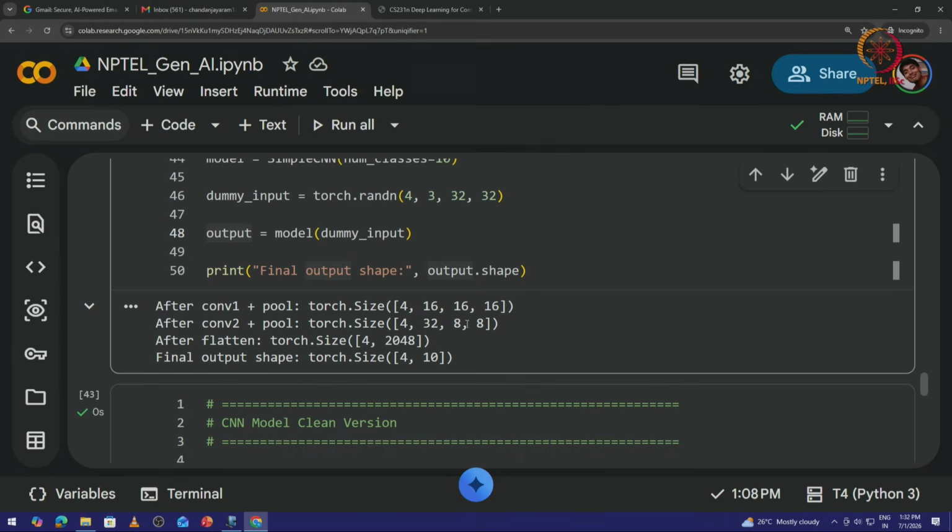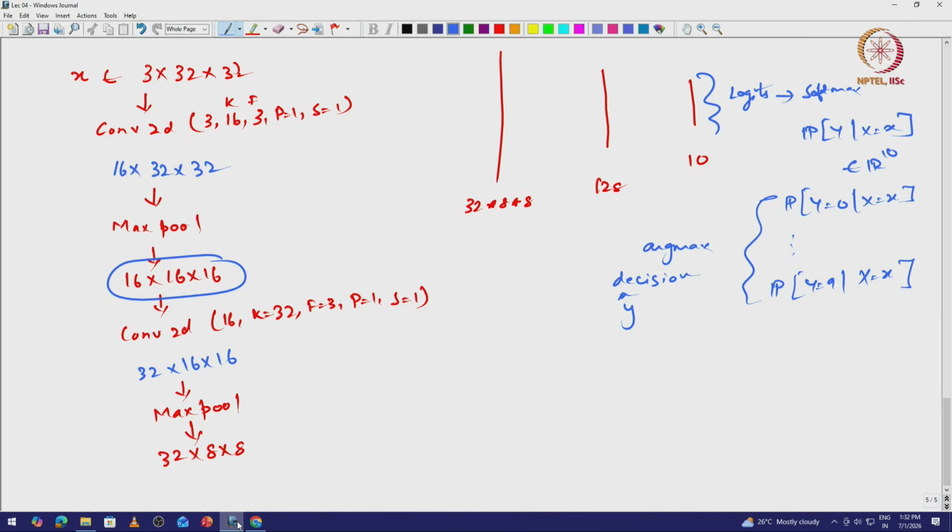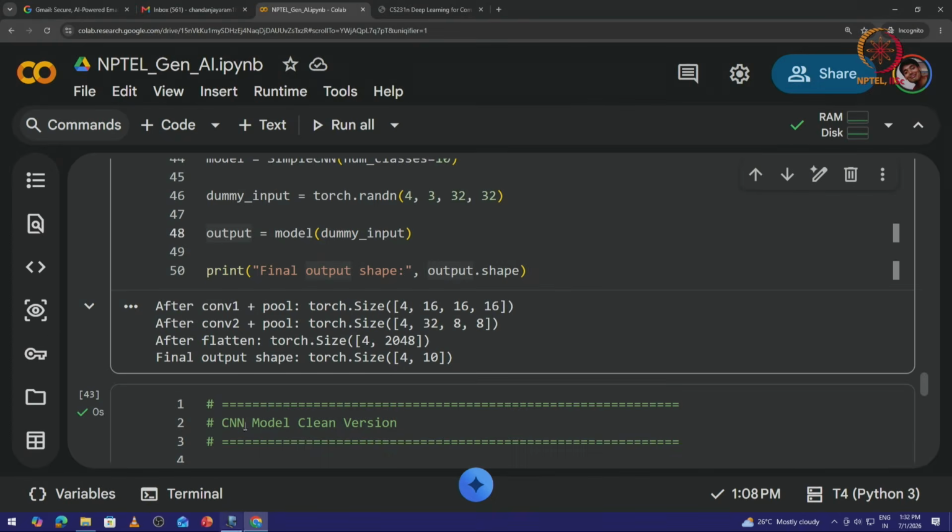And then the second convolution and then the pooling, which is this. Oh sorry, no, not this. This is after pooling, which is 2 by 2 by 8, is what I got. You can see that, and once you flatten it out, it will become a vector of 2048.